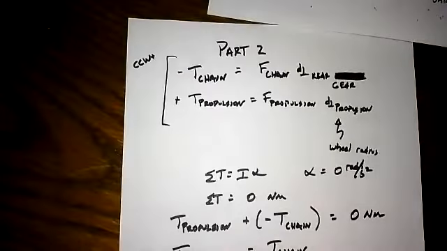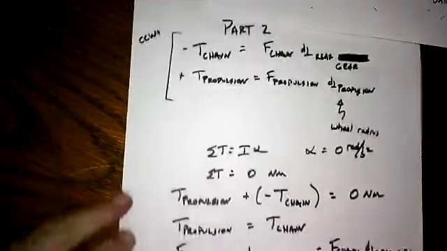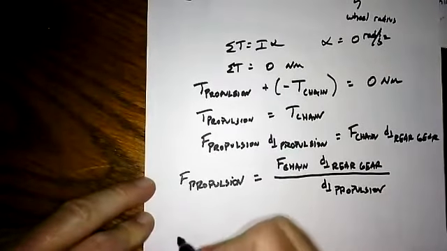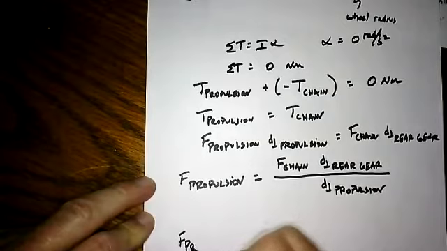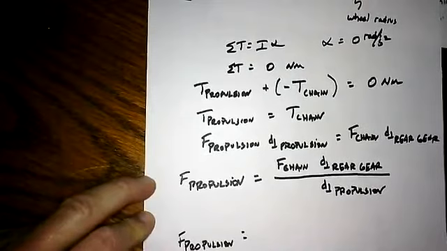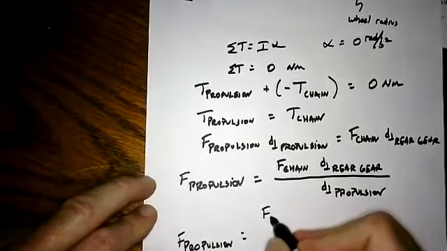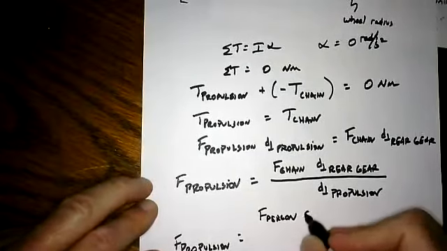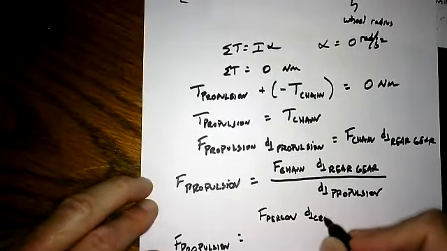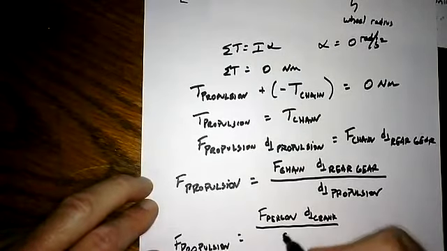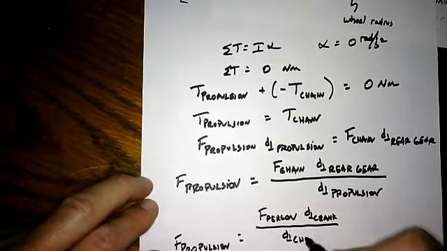All right, so it's going to be a little bit of algebra right now, but let me put it in, and then I'm going to do some rearrangement. So F propulsion equals, now I'm going to take part 1, F person. This is going to look a little ugly, but that's okay, times D perpendicular crank, divided by D perpendicular chain.